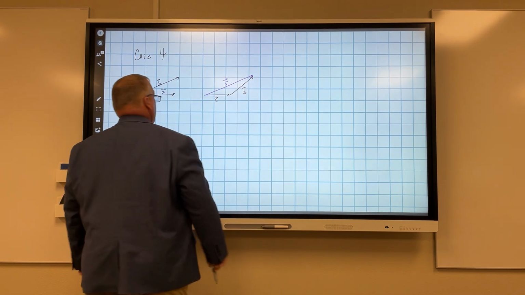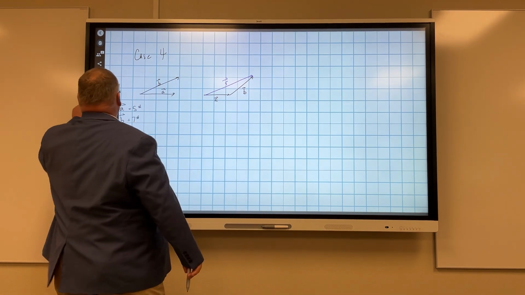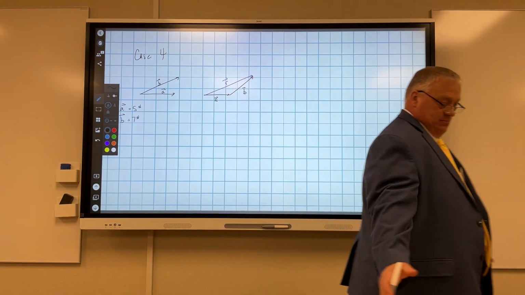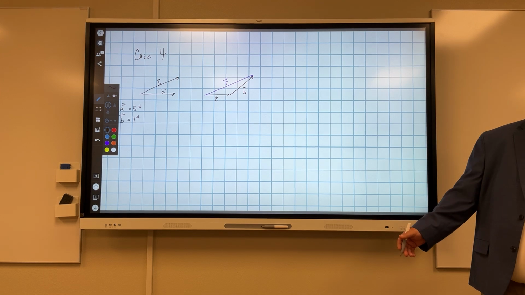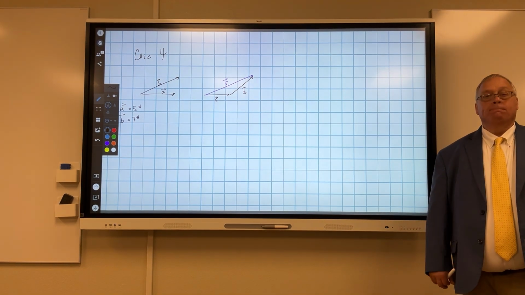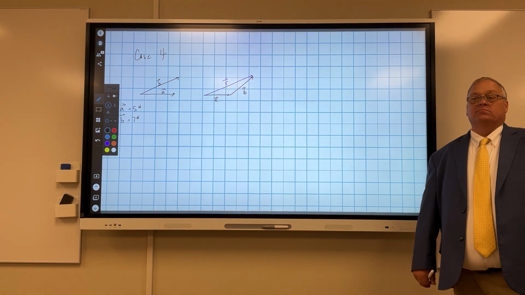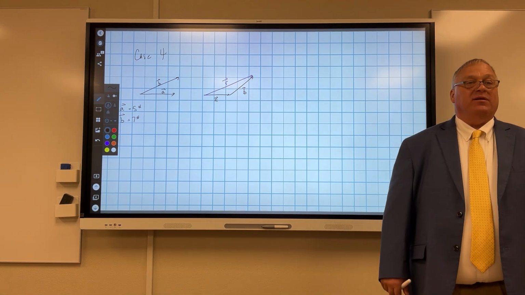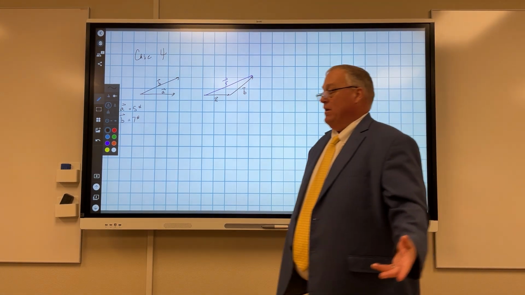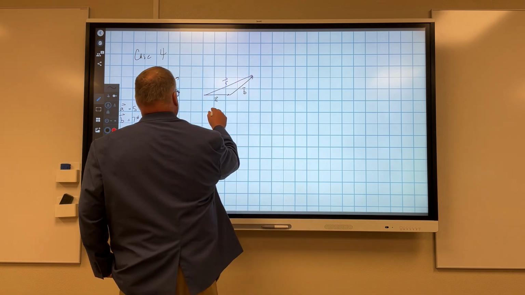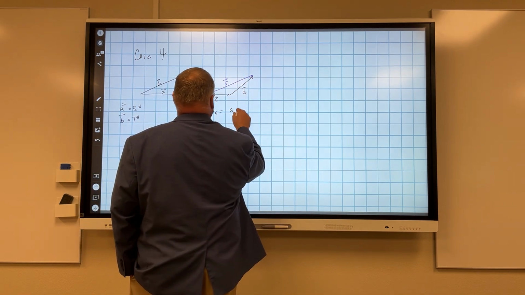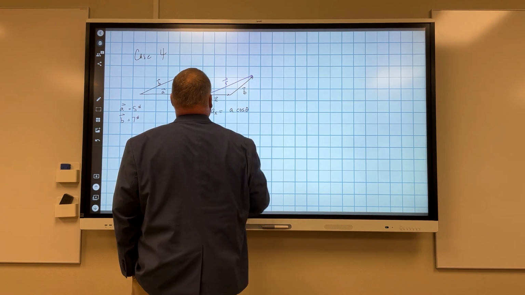We get resultant vector R, right? But now we can't use Pythagorean's theorem. Why not? It's not a right triangle. Not a right triangle. So how can we add? We've got to find the x components and the y components, okay? So we would have the x component of A, which would be A times the cosine of the angle.